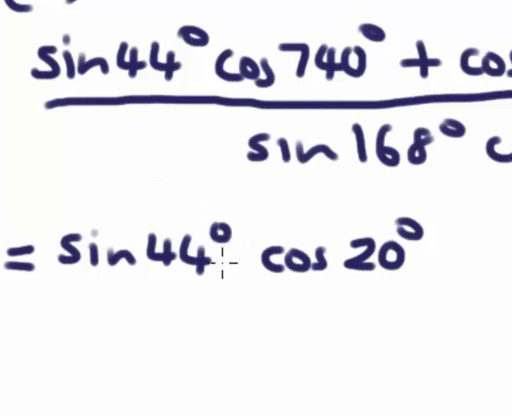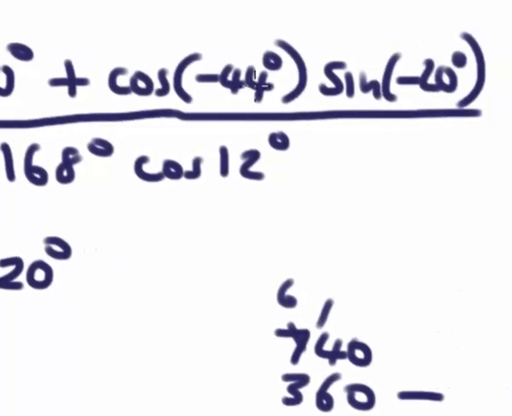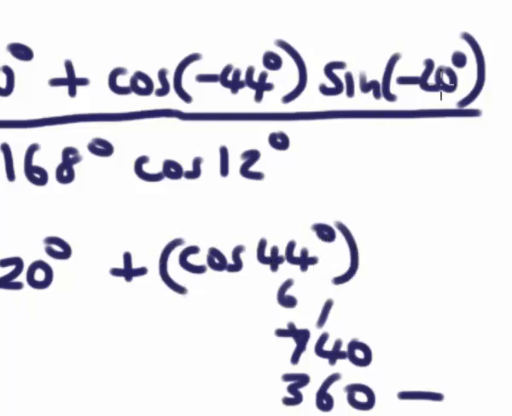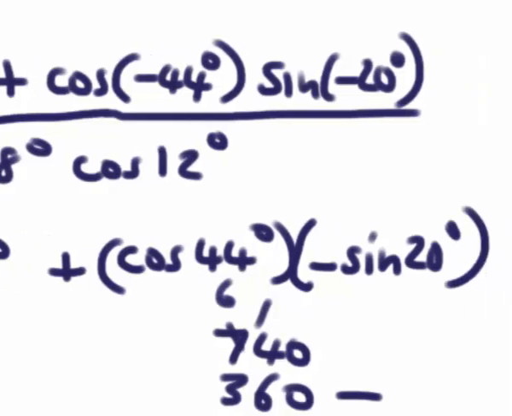Now the cos of a negative is going to be positive, so we can write that as cos 44. But now be very careful with this. The sine of a negative is negative sine, so in brackets I'm going to write negative sine 20. Very important there.